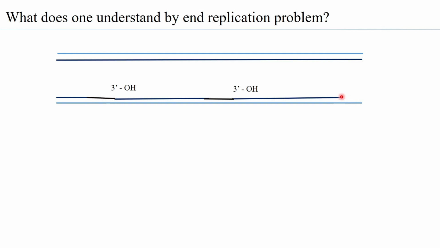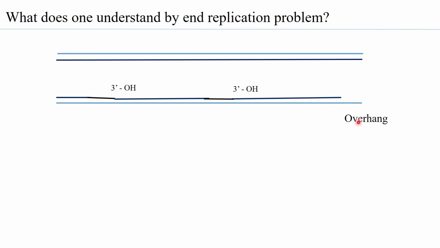However, in this case where there was an RNA primer, now the DNA polymerase is unable to bind to anything to initiate replication. And therefore, at this point you are left with an overhang. We know that 3' to 5' is being read, and so you have the synthesis of the lagging strand in the 5' to 3' direction. Therefore, in this newly synthesized DNA, you will not have this portion filled up, and so you can see that one strand of this replicated DNA is shorter than the other.